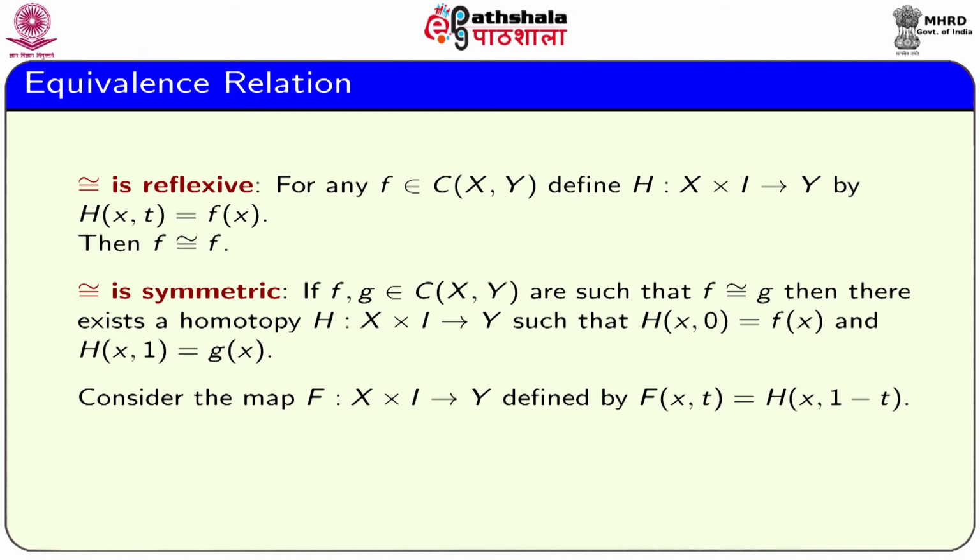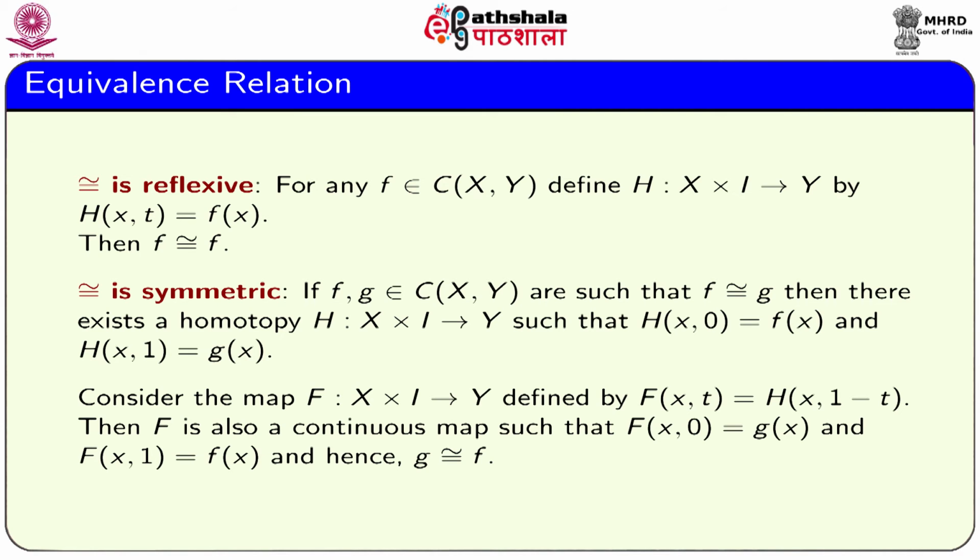Now let us define a map capital F with the help of the given function H, that F(x,t) is equal to H(x,1 minus t) for all x belonging to X and for all t belonging to I. Then of course F is a continuous function such that if I put t equal to 0 in the expression of F, we get H(x,1), which is actually g(x).